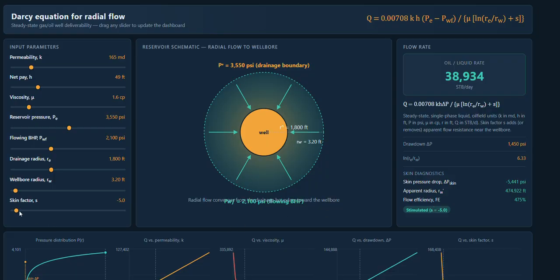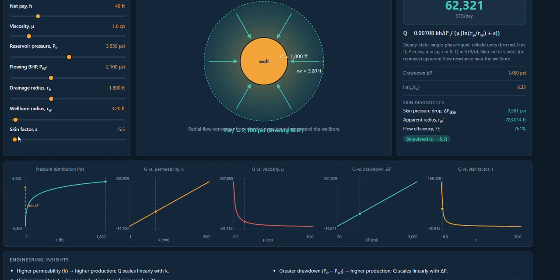So if I change this one to the right, you can see that the well is damaged, and if I change it to the left, you can see that the well is stimulated.